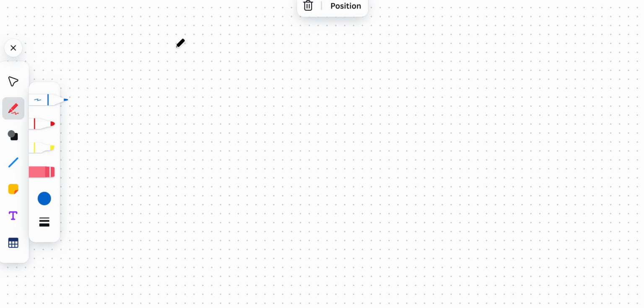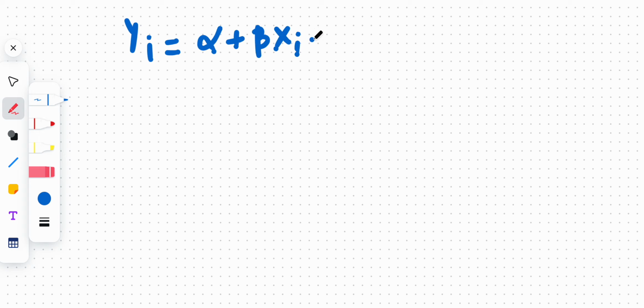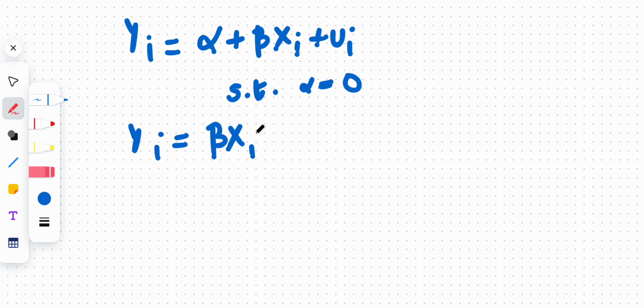Now what my intention would be here, now that I know a lot of things, I will do one more case, which will be yi equal to alpha plus beta xi plus ui, subject to alpha is equal to 0. That is, I'm basically trying to estimate a model which is this.